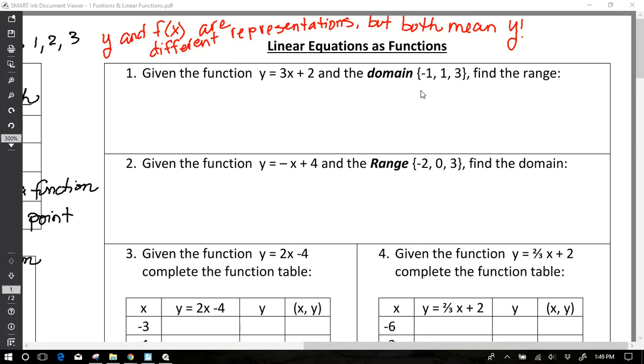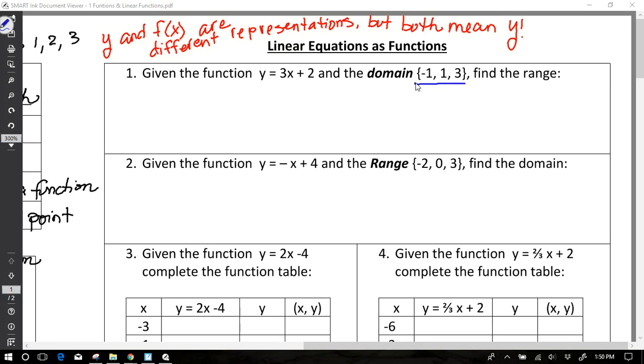I do want you to know that y equals and f of x equals are different representations of the same thing. They both just mean y. So when you see y equals 3x plus 2 and they want you to find the range, then you're still simply just going to plug in.